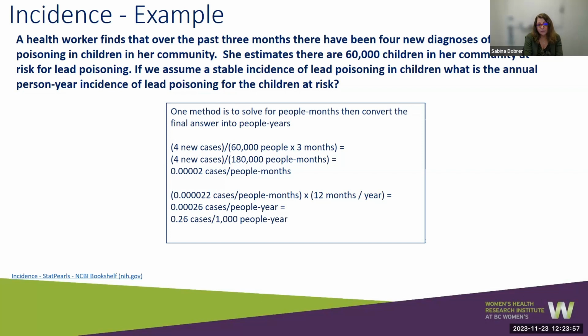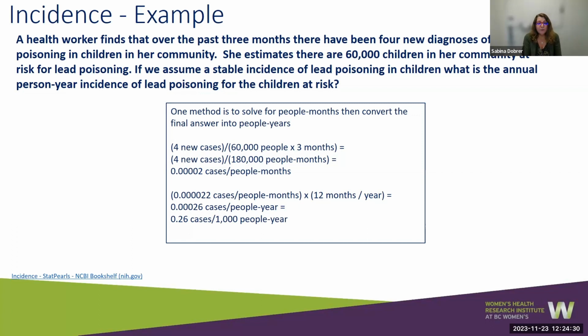And after that, I can present it nicely, because to present 0.0002 doesn't make any sense. So I can convert it to 12 months per year, and I can report it as 0.24 cases per 100 people a year. So it's very important to calculate the incidence correctly, but it's also important to present your results so they are meaningful for the people that are going to read it.